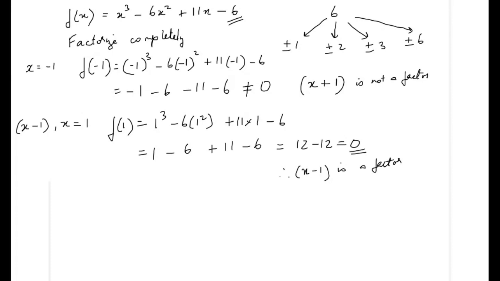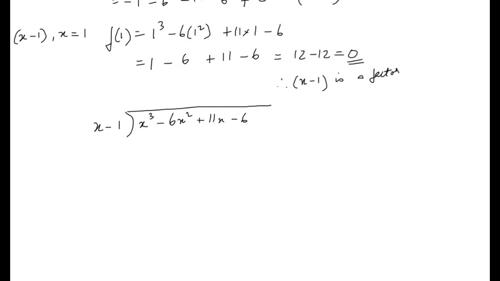So once I have a factor, then I can do a long division and figure out the remaining factor or factors. So x cubed minus 6x squared plus 11x minus 6, I'm dividing it by the one factor that we found, which was x minus 1. x into x squared gives me x cubed and minus x squared.